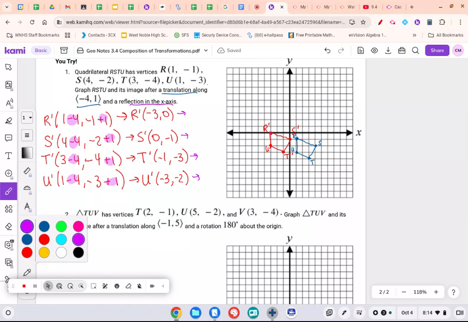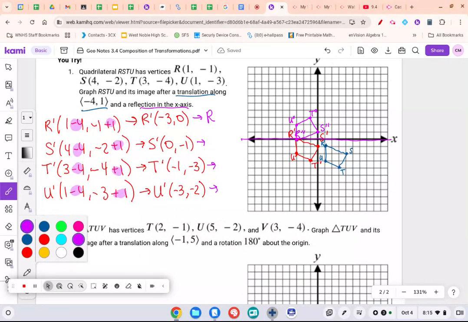So I'm going to go ahead and just do that right now. R prime and R double prime are the same because it is on the line of reflection. S double prime is 1 away because S prime is 1 away. T double prime is 3 away from the line of reflection, and U double prime is 2 away. So you can go ahead and draw these in, and that is your final translated shape.